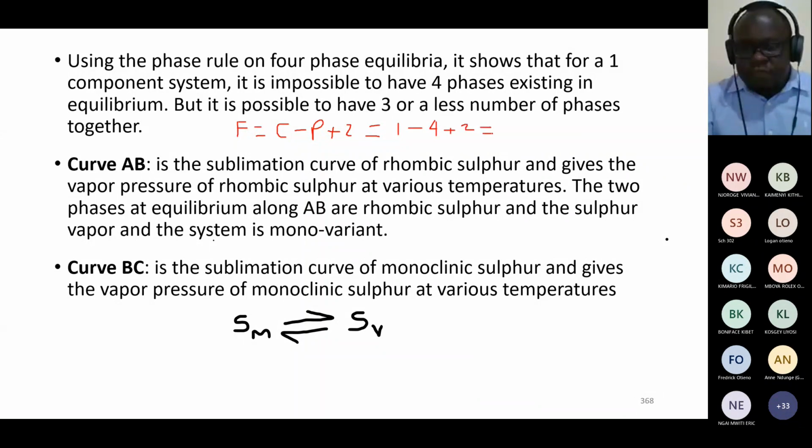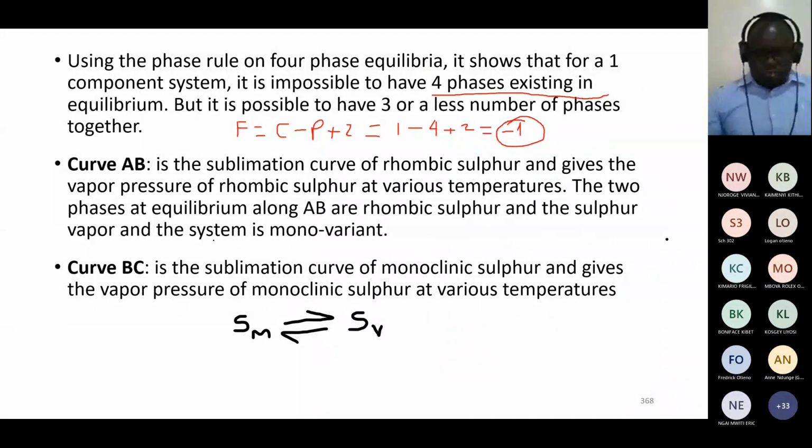Here you see that you have a degree of freedom of minus 1. So this shows that for a 1 component system, it is impossible to have 4 phases existing in equilibrium because we have a degree of freedom of minus 1, which is impossible.